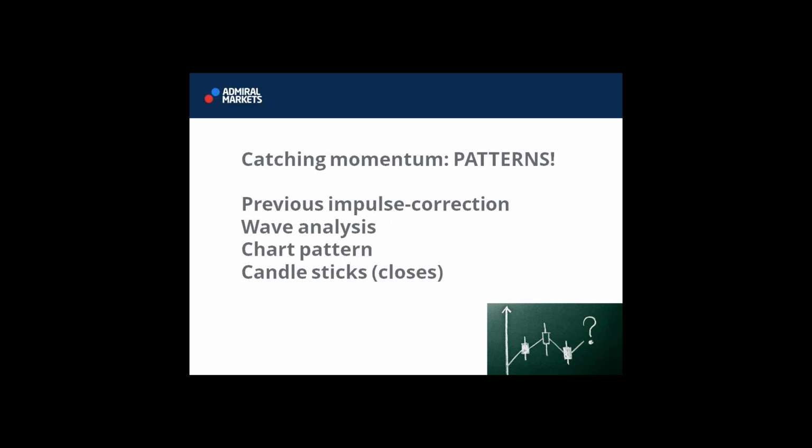What it then does is label those pieces of the puzzle with numbers and letters. And it has rules and guidelines, so in some cases you can get very precise with those letters and numbers. But I think if you take it as a guideline and not count it too strictly, and just primarily look at the impulse and correction, it's already a great, valuable tool.